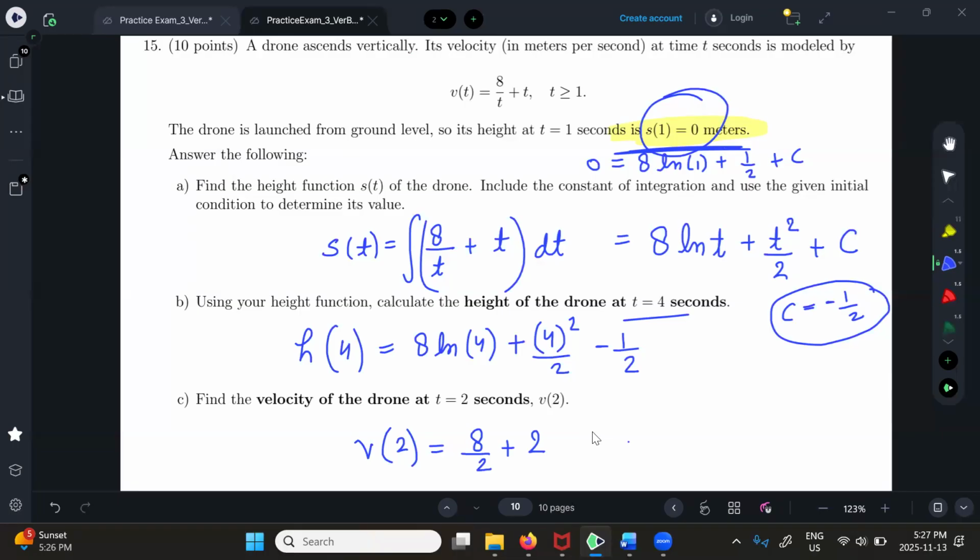But I just want to tell you, if you get a question like this with an initial condition, you know you're supposed to integrate with plus C. Oh, the height function, let's call it H, right? I called it S, but H makes more sense. Make sense?